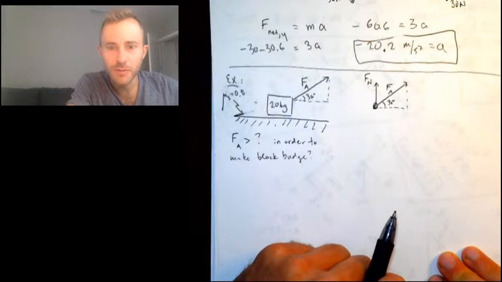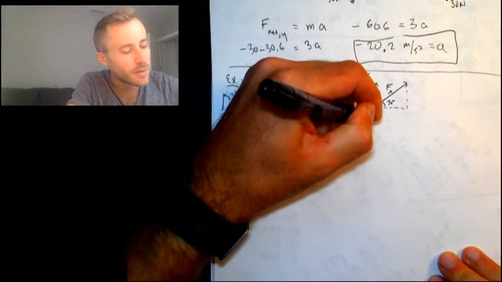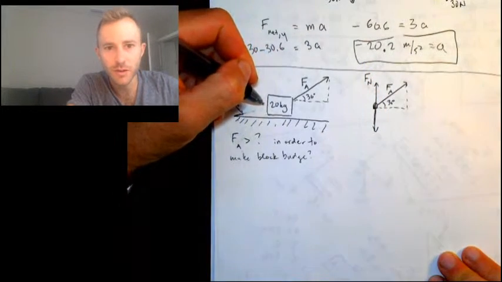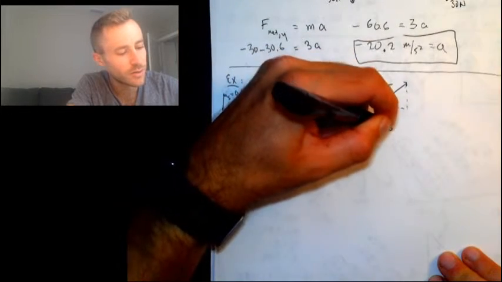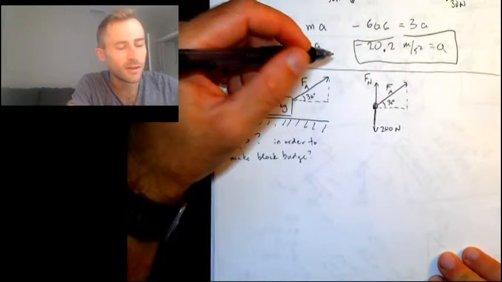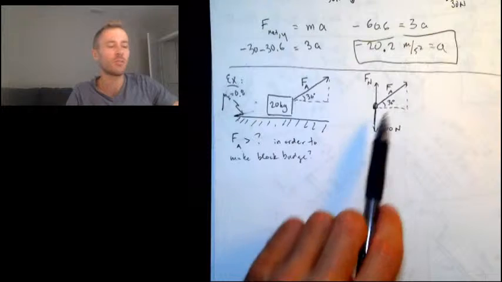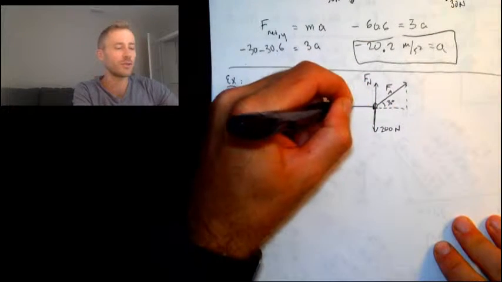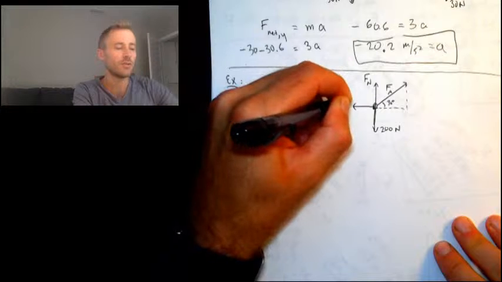We have the weight force going down. The weight force, because it's a 20 kilogram block, is going to be 200 newtons. And then because this force is generally pulling to the right, static friction is going to point to the left.